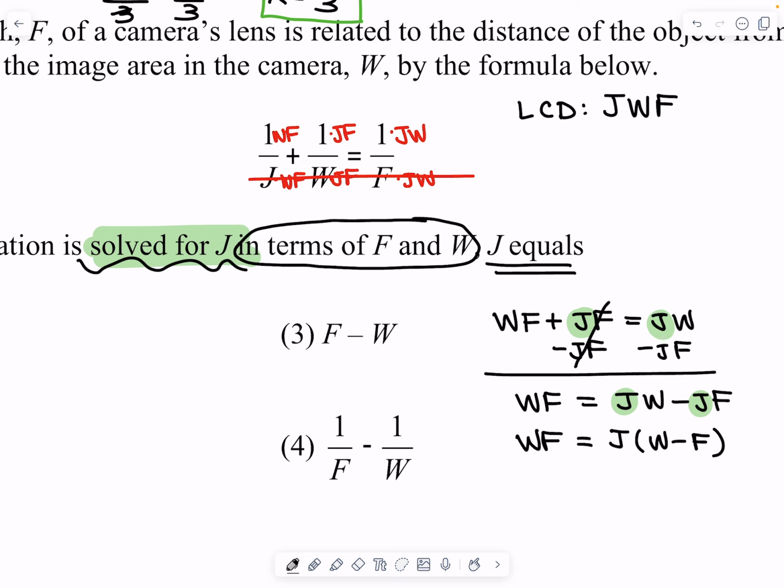And now that J is factored out of those 2 terms, I can take that factor, W minus F, and divide it to the other side. So J is equal to the product of W and F over W minus F.